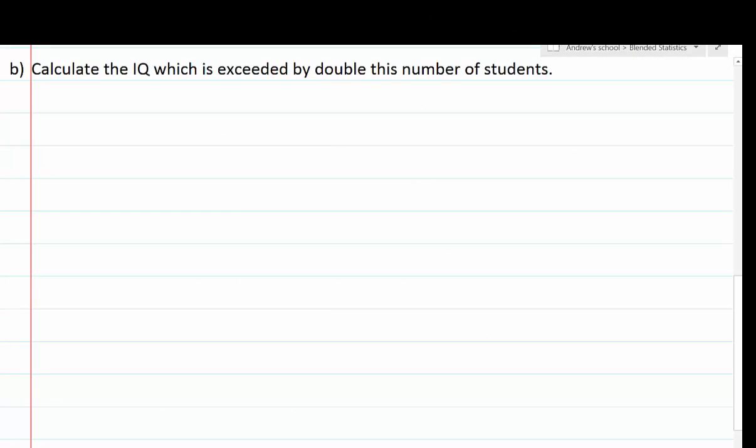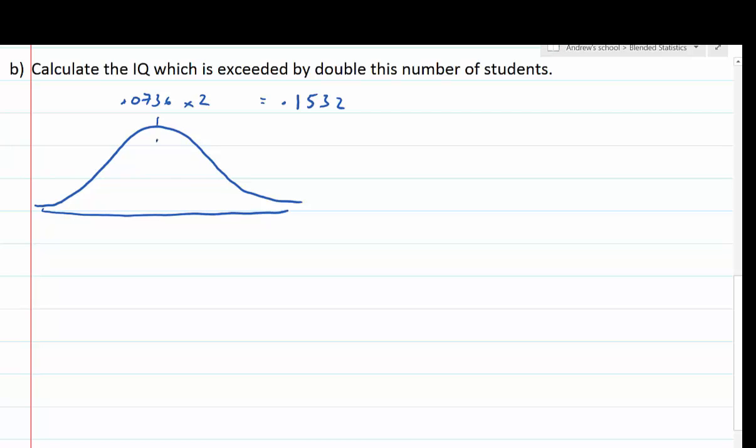Part B asks us to find the IQ which is exceeded by double that number of students. Well, we had 0.0736, so 7.36%, and if we multiply that by 2, we get 0.1532. So really, what we're asking is to find the Z value which corresponds to a top tail of 0.1532.